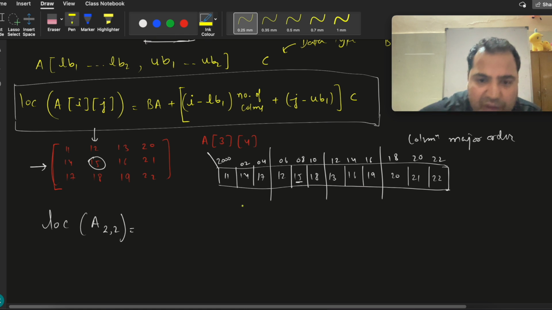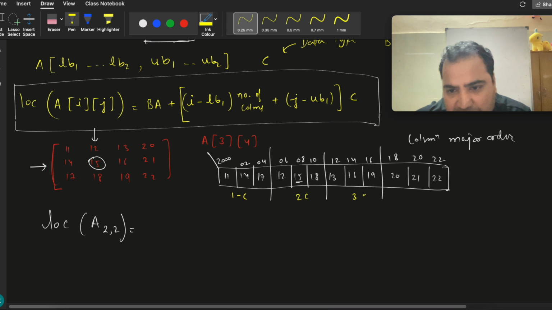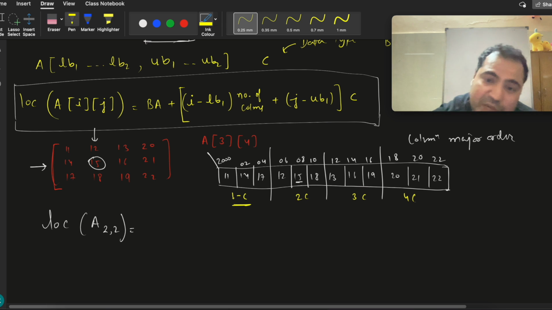If you want, I will write this is first column, second column, third column, and fourth column. See, you have to skip number of columns in here, right? If it is stored in column major order, skip number of columns, and then you will reach till this first column, right? So it is in second column, right? And then with every column you have to skip number of elements in a row, right?